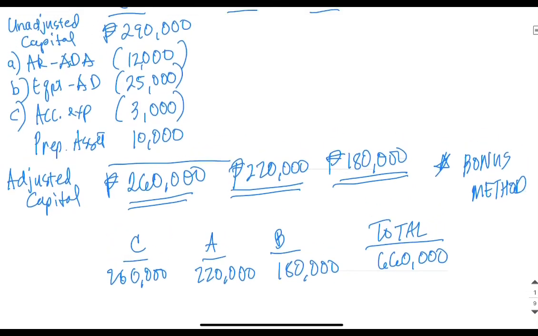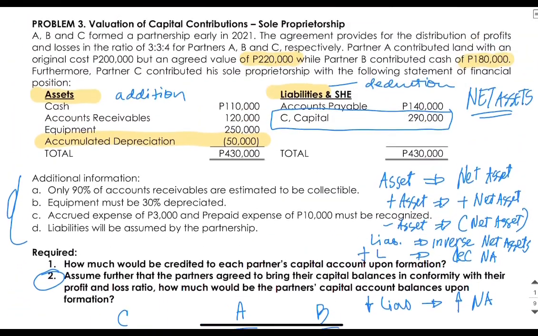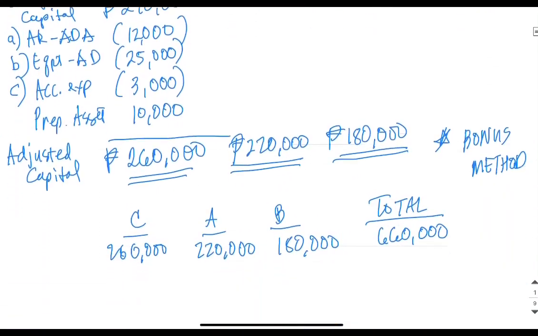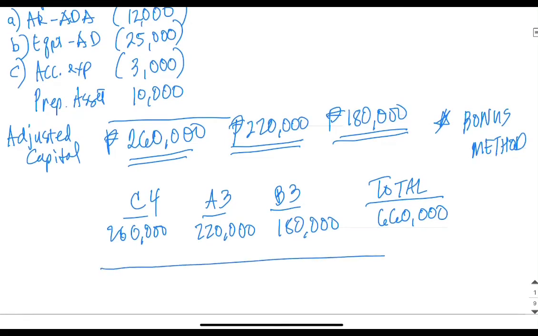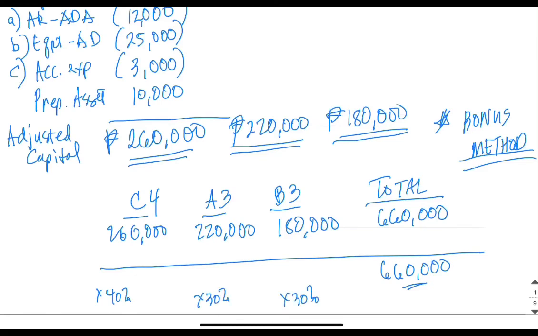And they are sharing in the ratio of 3:3:4, so 3 for partner A, 3 for partner B, and 4 for partner C. Just like what we have done, we determined the entire partnership capital, 660. This will be the same because under the bonus method, there will be no effect on the total partnership capital. So 660,000, multiply this by 40%, by 30%, and by another 30% to get the respective capital balances.